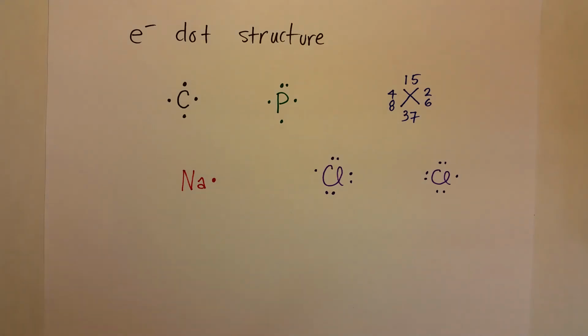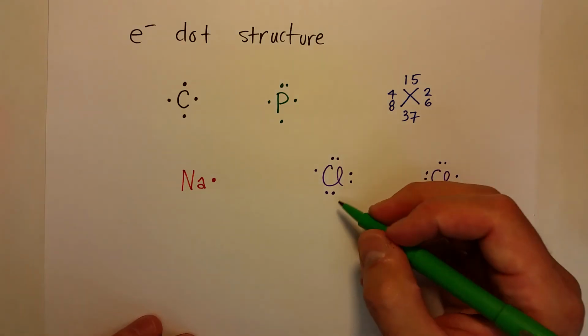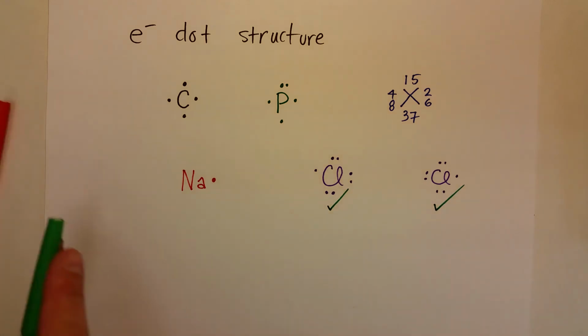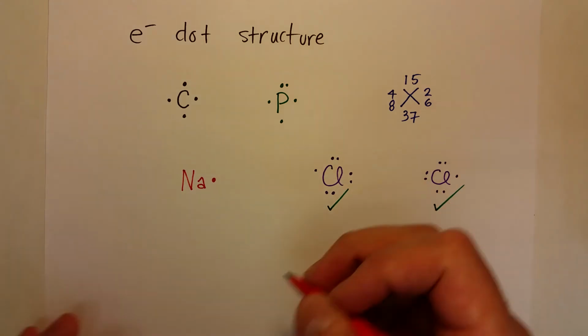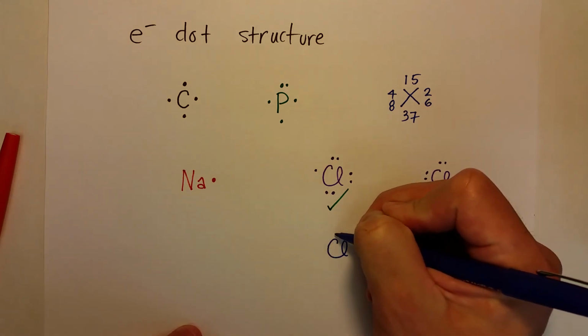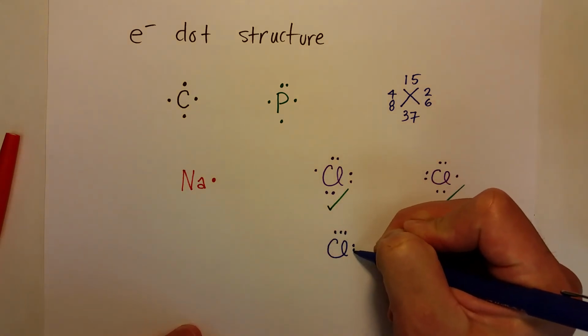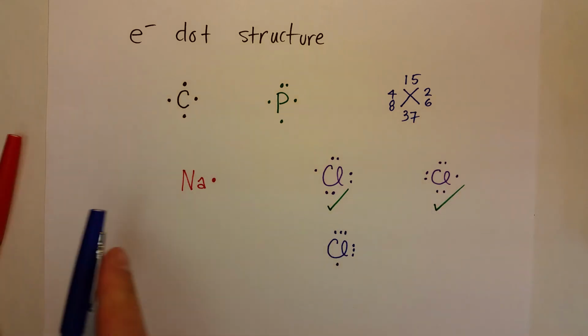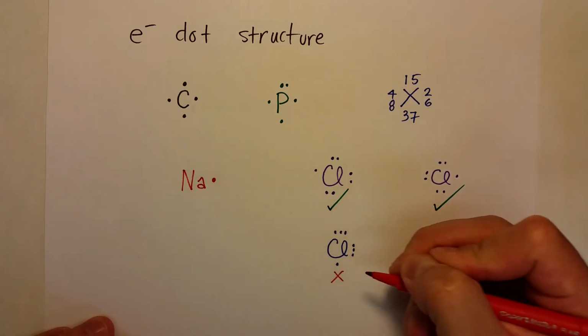One thing you don't want to do, so these 2 chlorines are okay. You don't want to group electrons more than 2. So for instance, I wouldn't want to draw chlorine like this, 1, 2, 3, 4, 5, 6, 7. That wouldn't be a good way to draw electron dot structures.